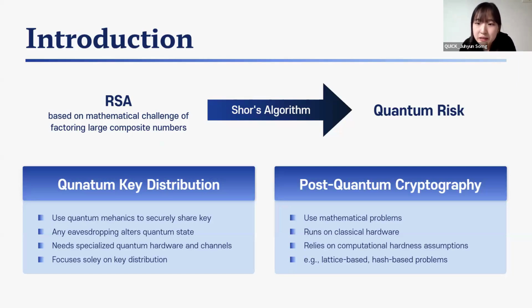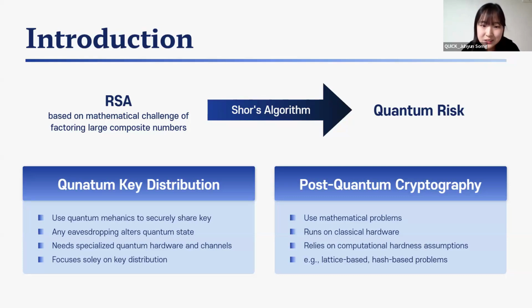However, Shor's algorithm, which runs on a quantum computer, can efficiently factor large numbers, making RSA and other classical cryptographic methods vulnerable.